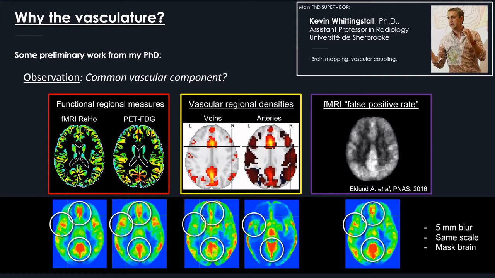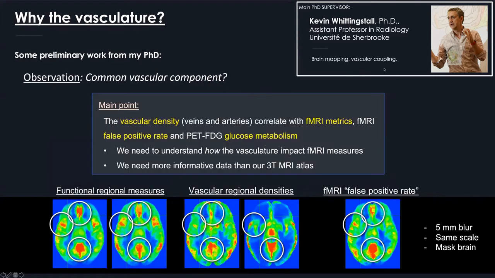And so that was the topic that led to my postdoctoral study. So basically, we wanted to understand how the vasculature impacts fMRI measures, and we needed to include more informative data than what was included in our 3T MRI Atlas.